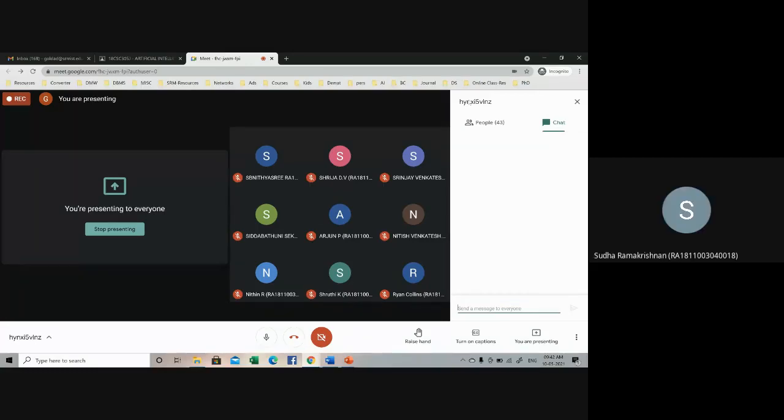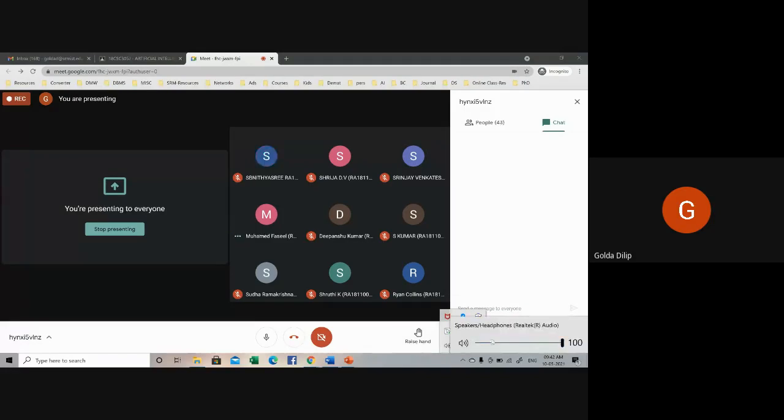Sudha, present, ma'am. Sanjay Kumar, present, ma'am. Deepanshu Kumar, present, ma'am. Vishal, is Vishal there? No response from Vishal. Mohammed Fasil was there. Nitish Venkatesh is also there.